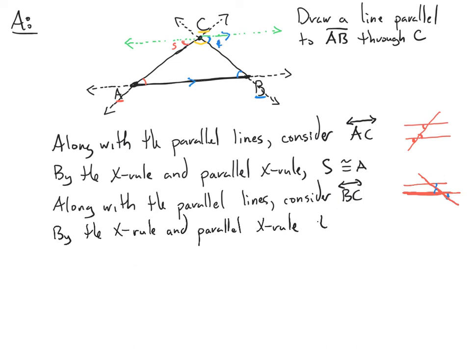So this will be capital T, and capital T is congruent to angle B. Okay. Now look, we have these three angles here, S, C, and T. And all of these break up a straight line. They break up this straight parallel line that we added.